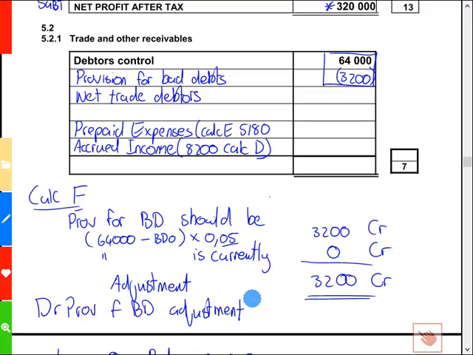But again, we were told all of this information was taken into account. Because it's a debit in the income statement, that would have meant it was an expense. Now we can work out our net trade debtors, and you work that out at 6,800. There we go. Let's go back to our information and see that we've handled everything.